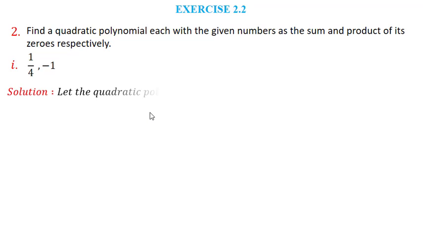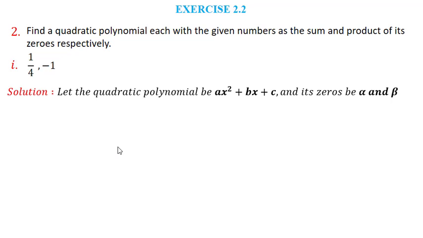So let us start. Let the quadratic polynomial be ax square plus bx plus c, and its zeros be alpha and beta. This is how we proceed. Now we have alpha plus beta as 1 by 4.